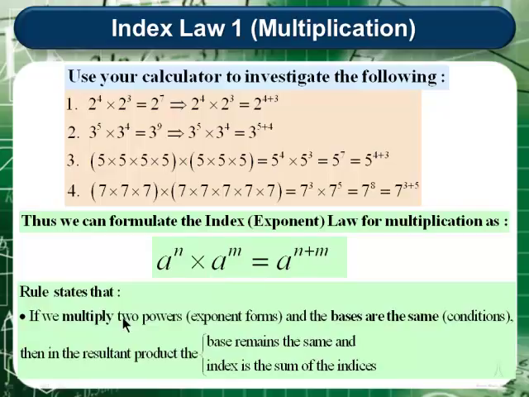Now these two facts are the conditions, namely you must multiply and the bases must be the same. Then the rule states that to obtain the resultant product, the base must remain the same, while the index of the product is the sum of the indices.